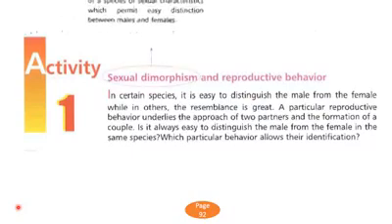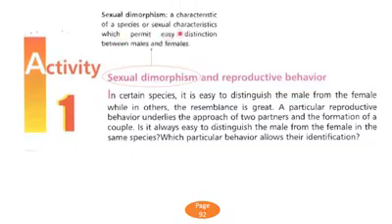In your glossary in your book, it is defined as a characteristic of a species or sexual characteristics which permit easy distinction between males and females, to distinguish if the animal is a male or a female, not from their reproductive organs, but some animals have certain characteristics that help us to know if it is a male or a female. This is called sexual dimorphism.